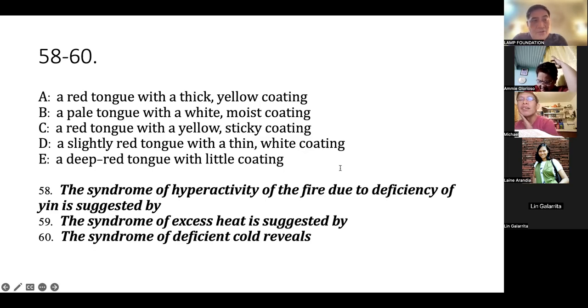Ang tanong, anong syndrome naman itong red tongue with yellow sticky coating? May damp yan, Doc. Damp heat. Okay. Very good. What about a slightly red tongue with a thin white coating? Take note, slightly red tongue.